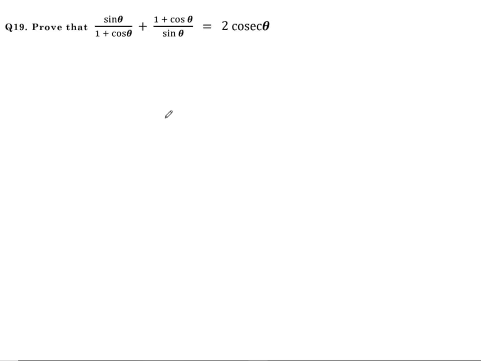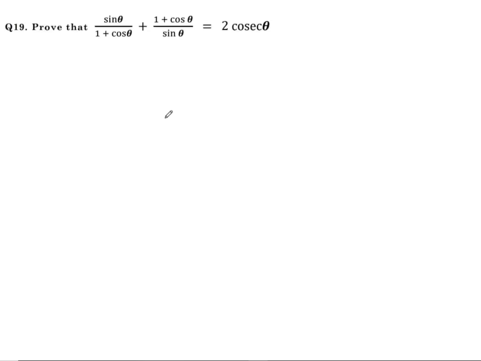A 3-mark question from the unit Introduction to Trigonometry. Students, just without having the mindset that trigonometry is difficult, just understand the problem now. Just follow the basic steps, that is butterfly method, taking LCM, all that.